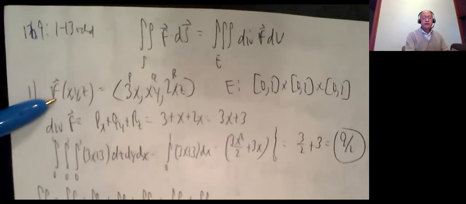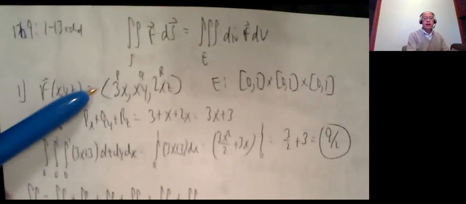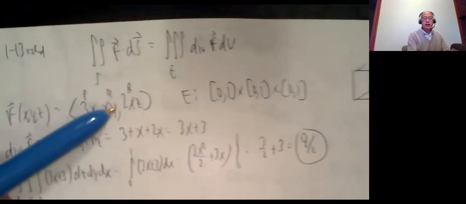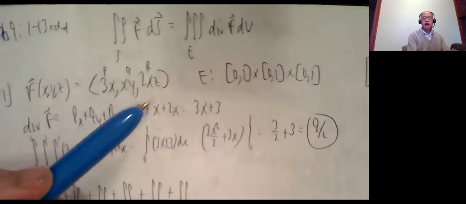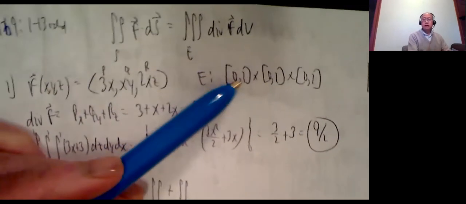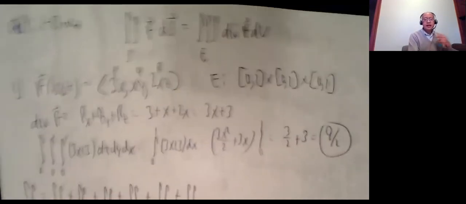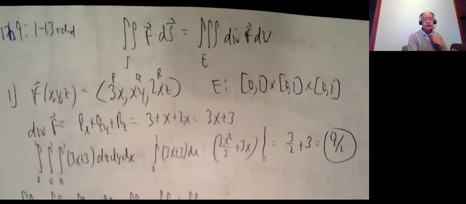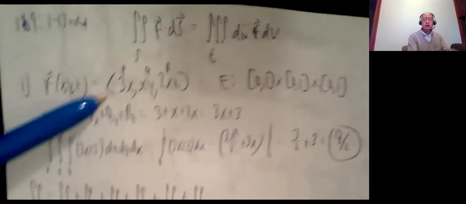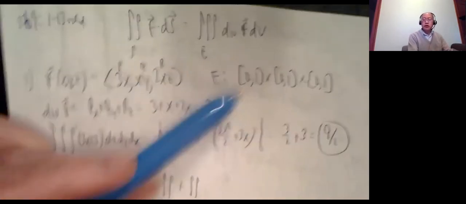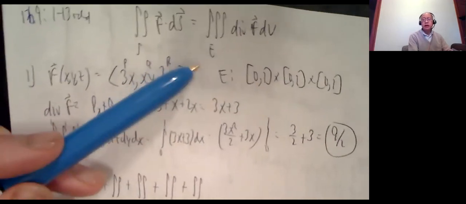So my capital F of x, y, z is 3x, xy, 2xz. This is P, Q, and R. The region E, they said, was 0, 1 cross 0, 1 cross 0, 1. Okay. So what's the difference between S and E? S is only the surface. So the 6 surfaces of the cube, as opposed to the whole cube, including the inside. You're integrating along the whole inside.